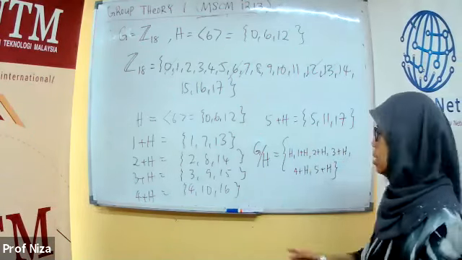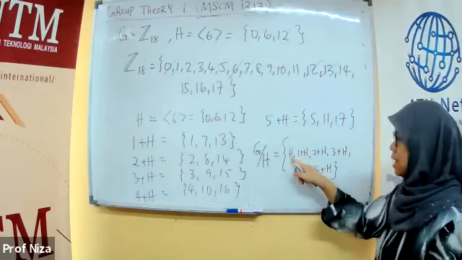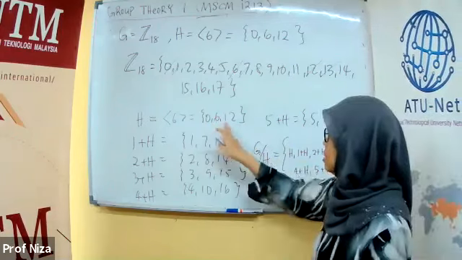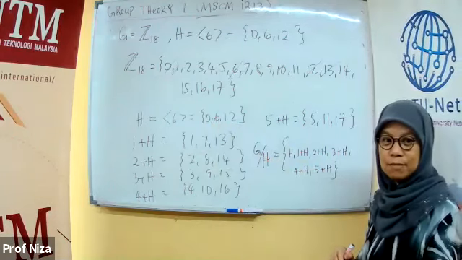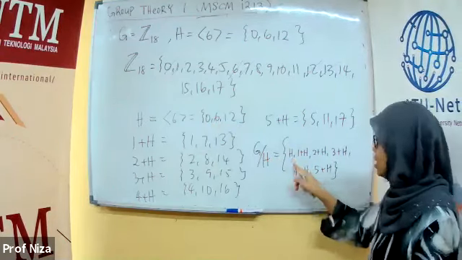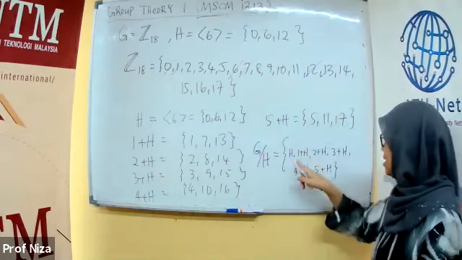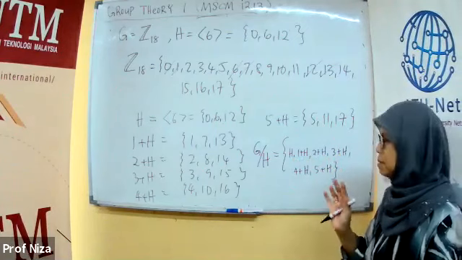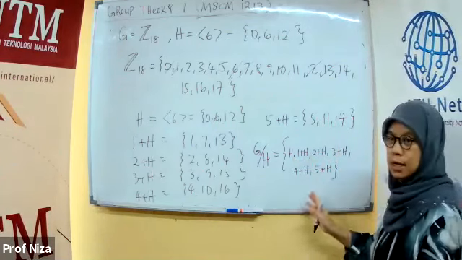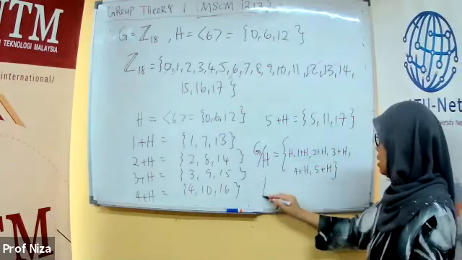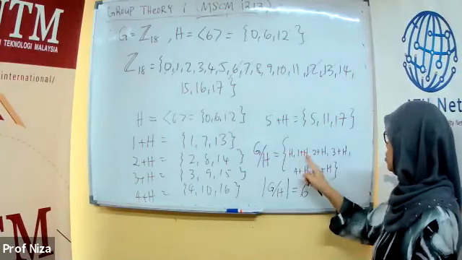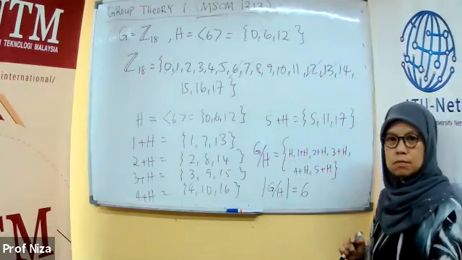Okay, now this is a set, right? This is a set of order 3. This is a set in a set. They are all a set of order 3. I don't put them as sets, but we say the order of this is 6: 1, 2, 3, 4, 5, 6.